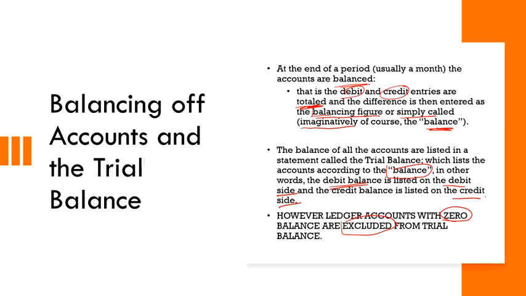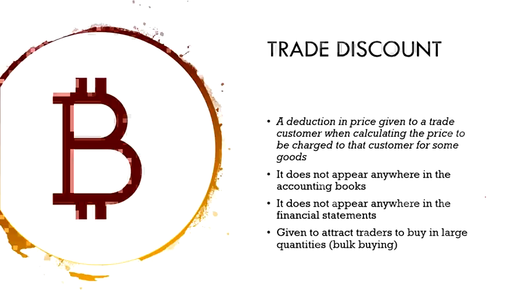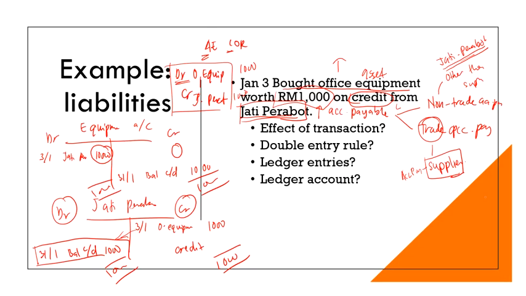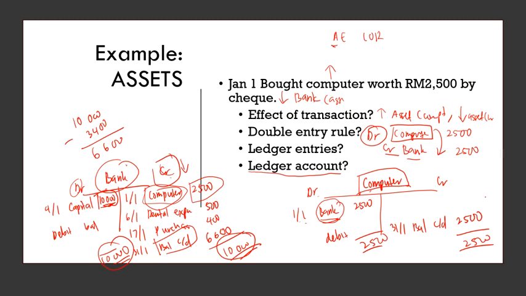Okay, because it's the same, I will show the bank one. The bank balance figure is 6,600. So what you will record in the trial balance for bank is a debit balance, right? So of course on the debit side, but the figure you record is not this 10,000 but this 6,600, the balancing figure.